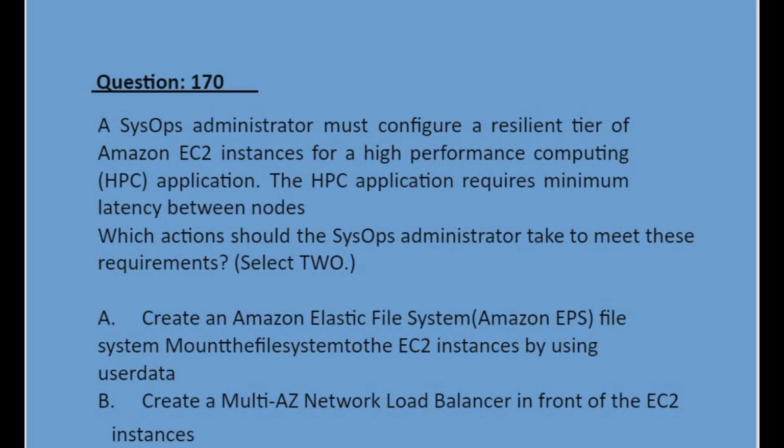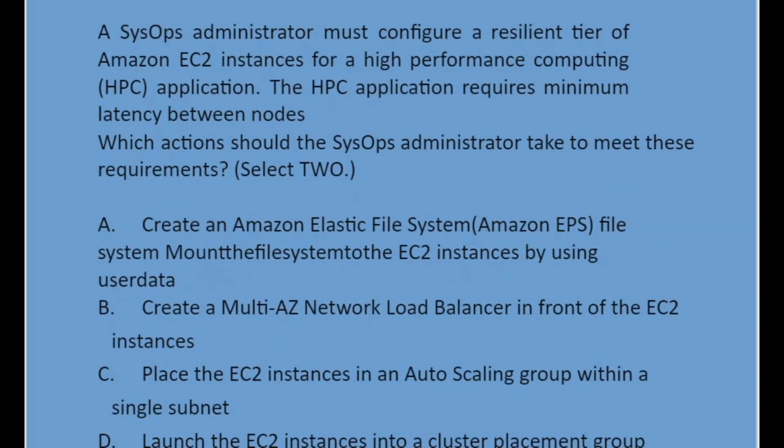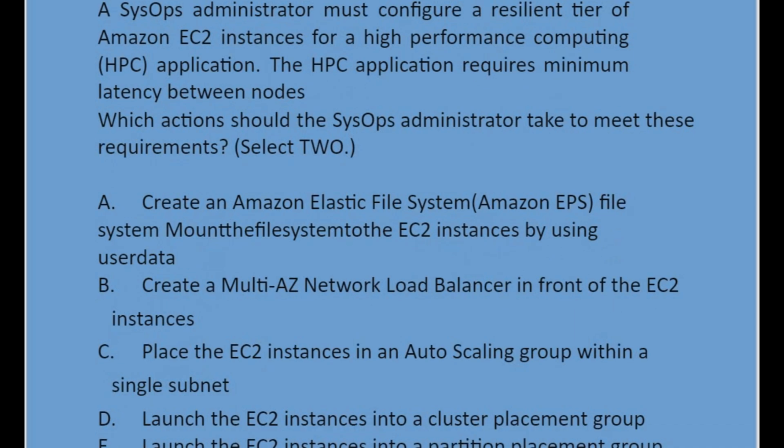Select two options. Option A. Create an Amazon Elastic File System (Amazon EFS) file system. Mount the file system to the EC2 instances by using user data. Option B. Create a multi-AZ Network Load Balancer in front of the EC2 instances.